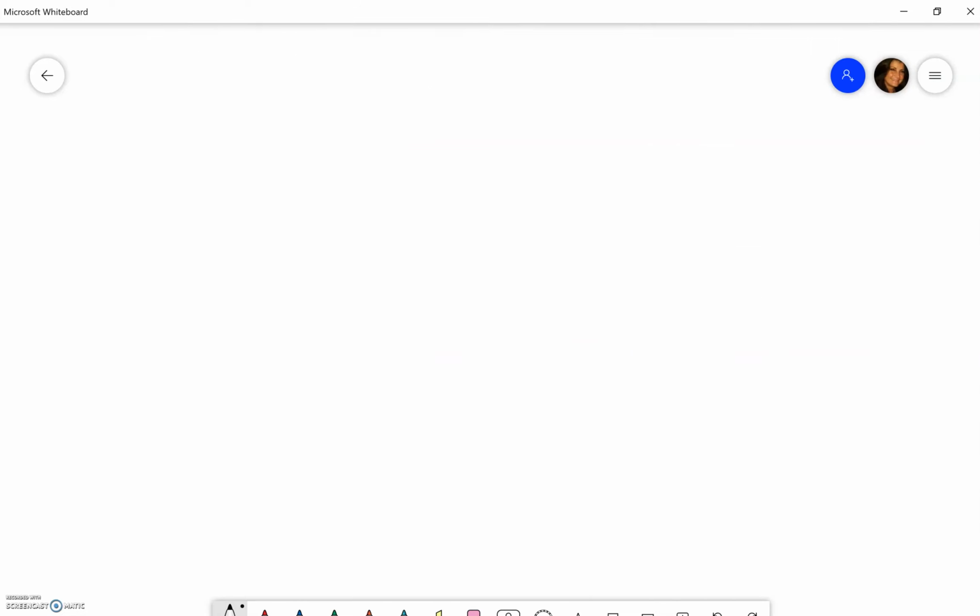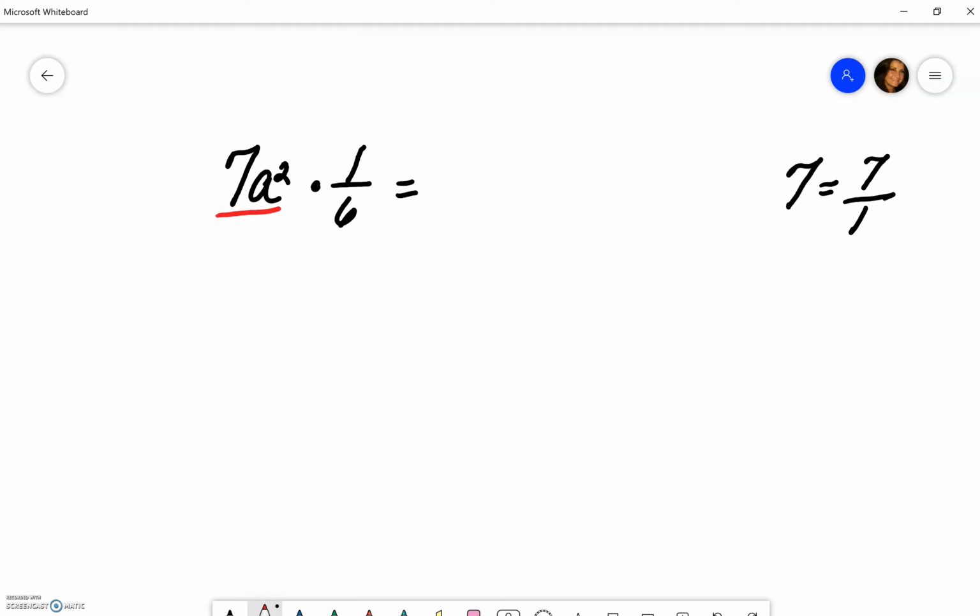Okay, so now number 5 is 7a squared times 1 over 6. Now we need to rewrite that. Remember, anytime you have a whole number, it's expressed as a fraction, 7 over 1. So technically this would be over 1, like that.